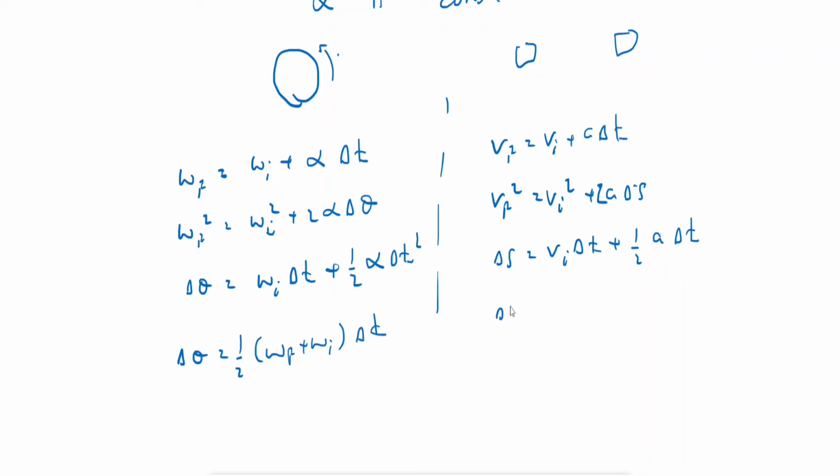This is the same as delta s equals half the final speed plus the initial speed times delta t. You can see that these things are very similar. The one is rotational, and the other one is basically translational, or linear. That's how you may think about it.